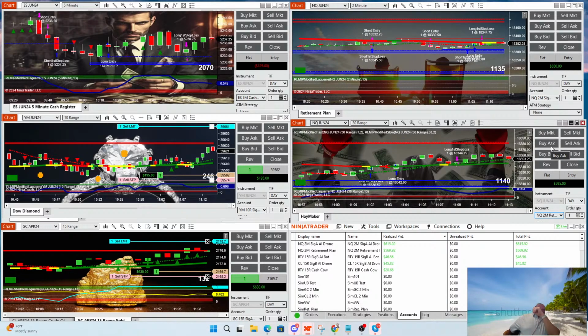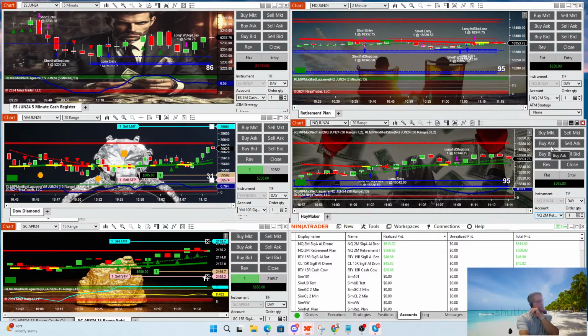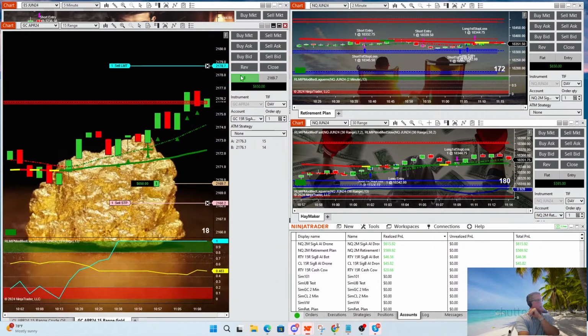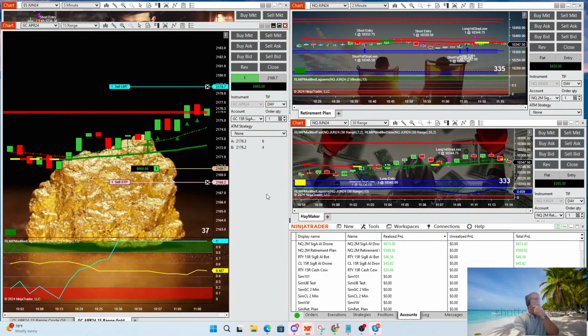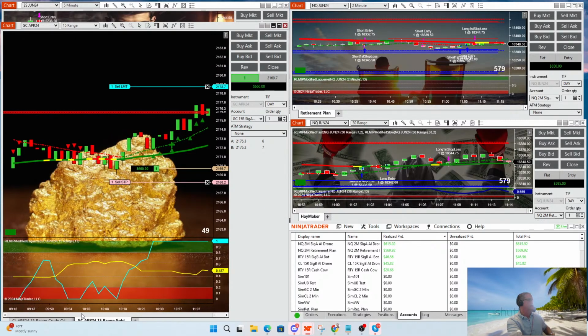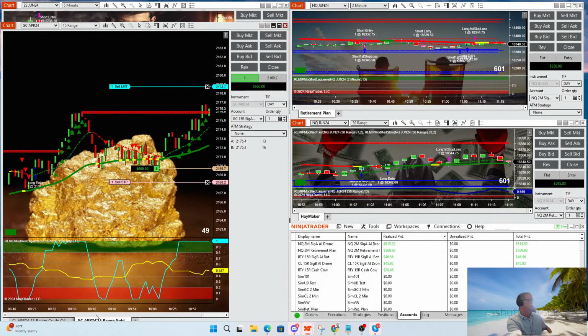Still in that nice long position on gold. It's been working its way towards that profit target. That's a great trade on gold. It's been in this trade since... Look at that.